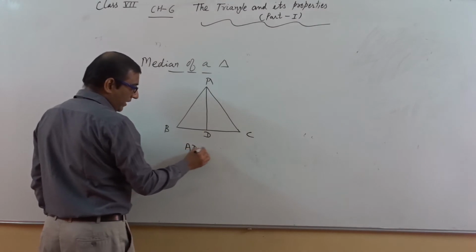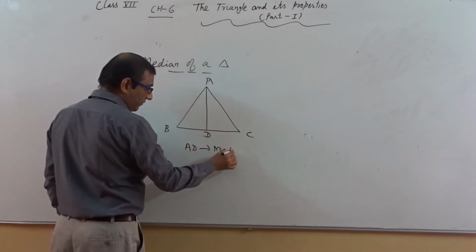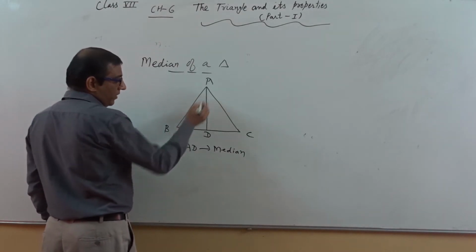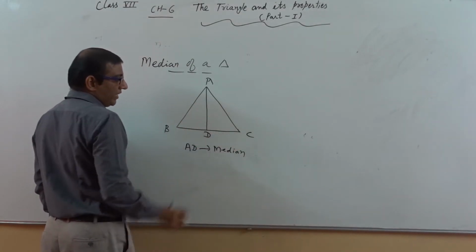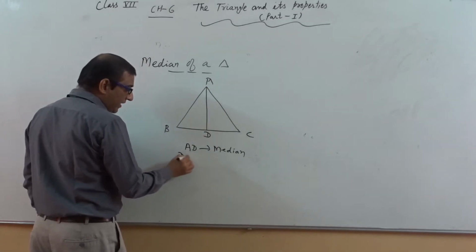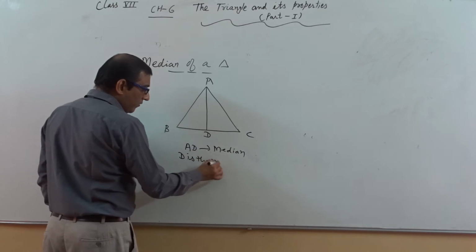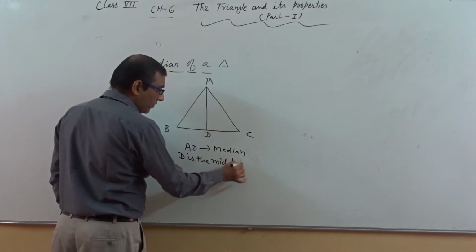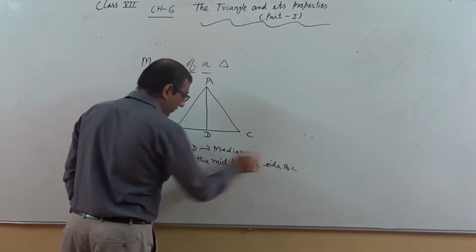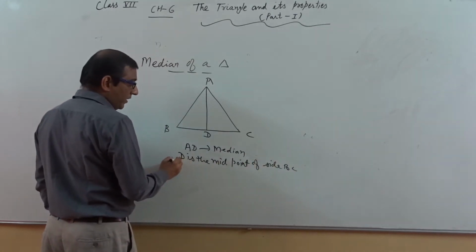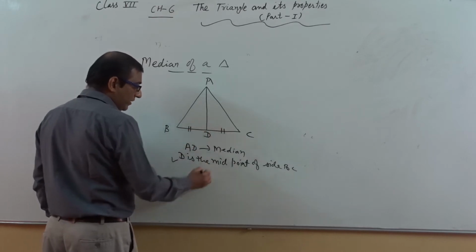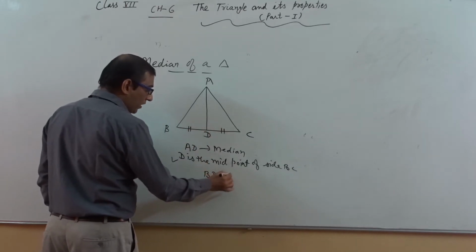We can say AD is here median, because if we say BC is the opposite side for the vertex A, then AD is median and D is the midpoint of side BC. If D is the midpoint of side BC, then we can say BD and DC both are equal.